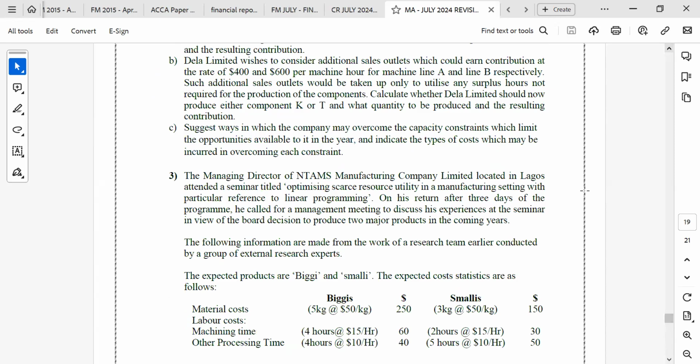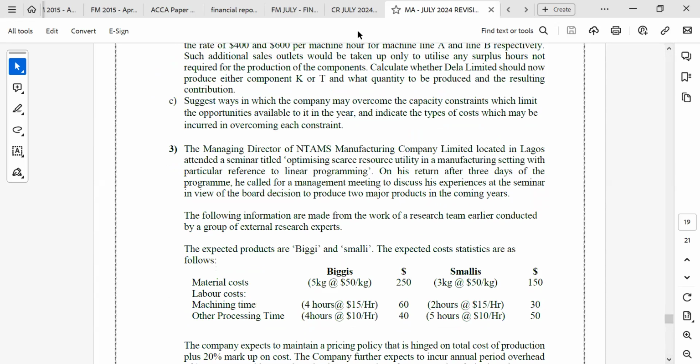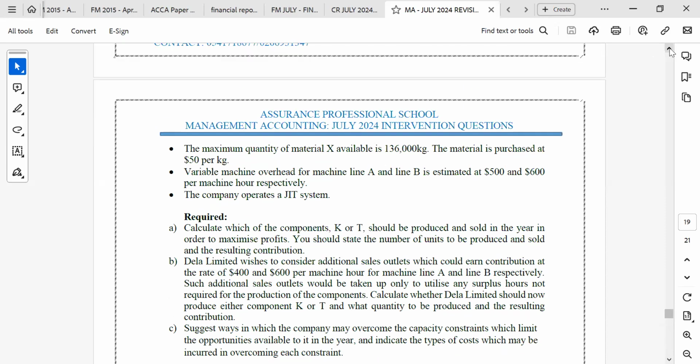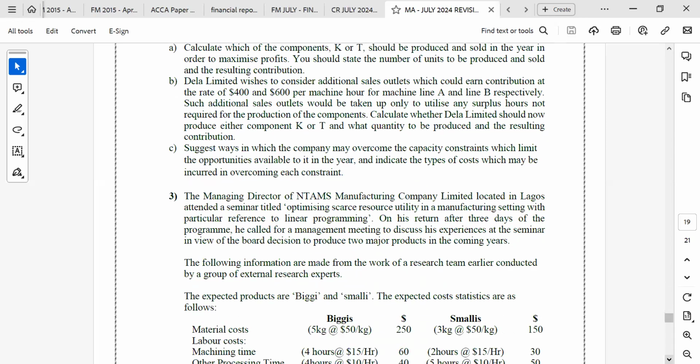You can try that and maybe send me the solution, and I'll look at it. So this will be for this morning. I'll give you an update on the long-term decision making, which will be the investment appraisal, because I have question B.